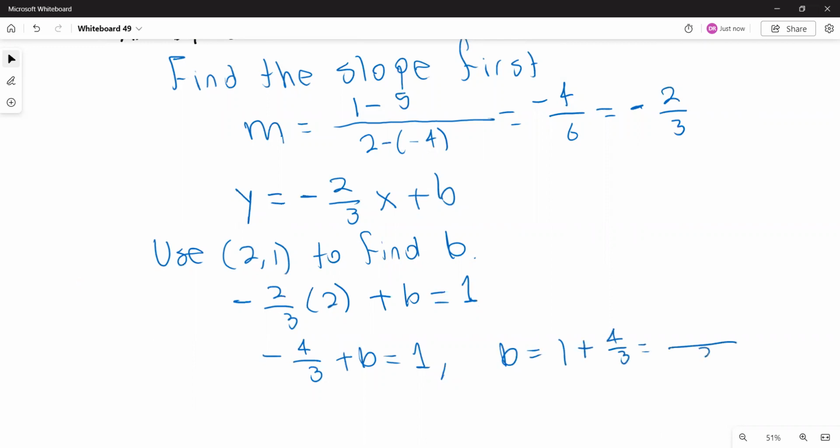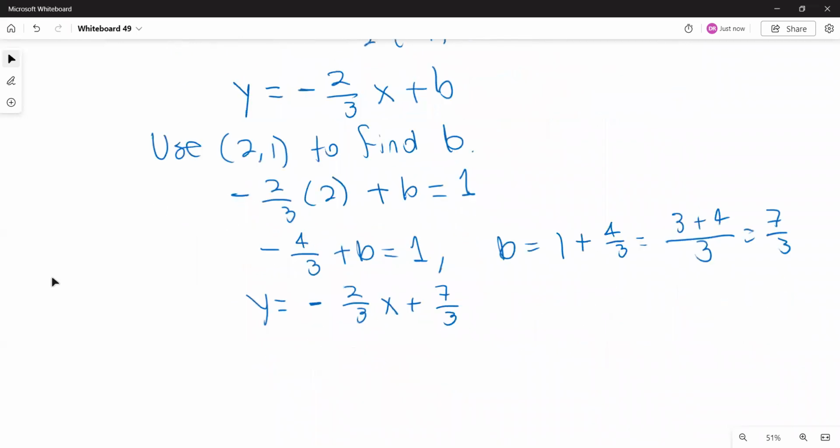Common denominator is 3, and that is 7/3. So that's -2/3 times x plus 7/3. Okay, so that's the equation in slope-intercept form.